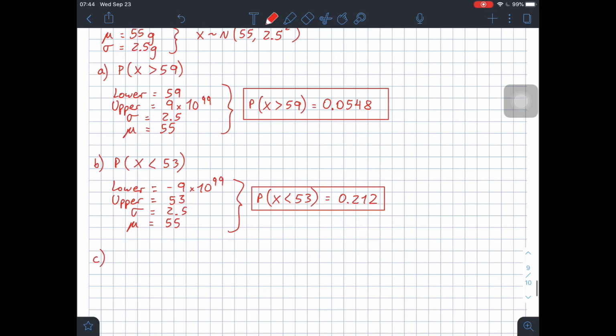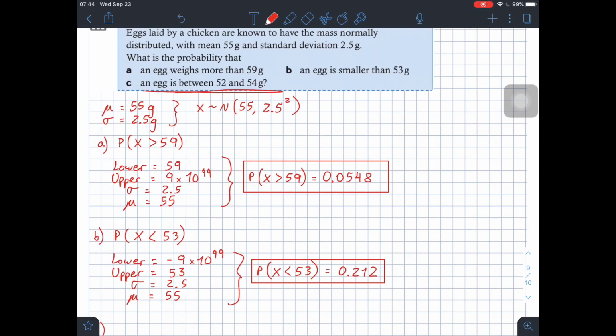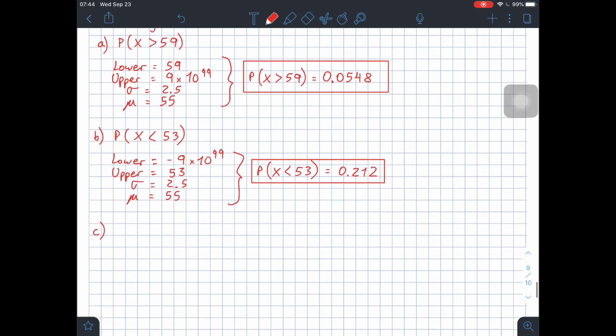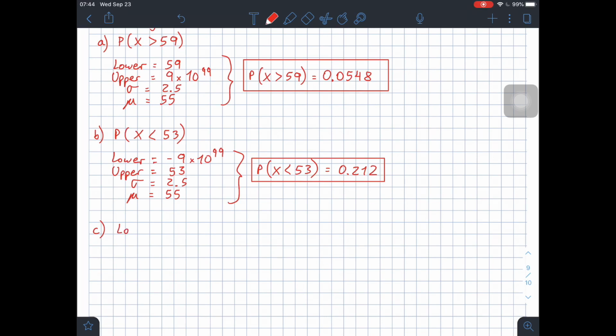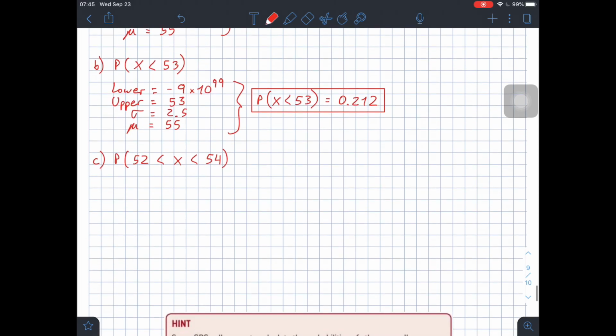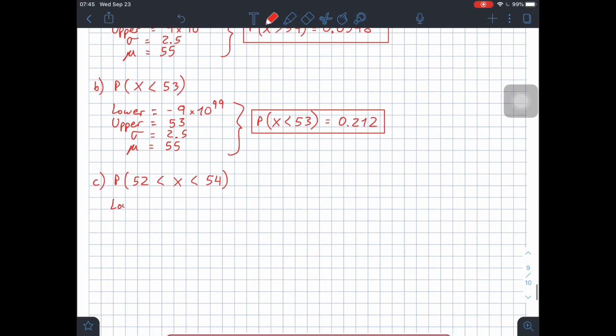Finally, for part C, it says an egg is in between 52 and 54. Okay, so in this case we have both the lower and the upper boundaries, right? We need to be in between 52 and 54. So our lower boundary, in this case would be 52. The upper would be 54.